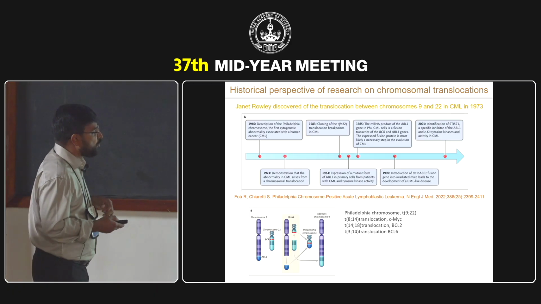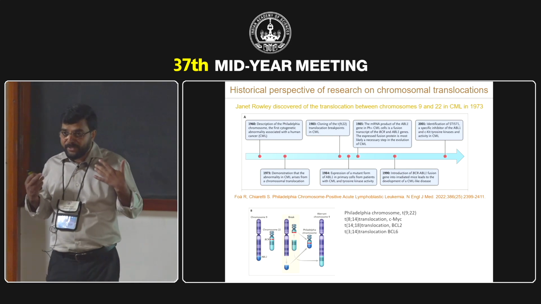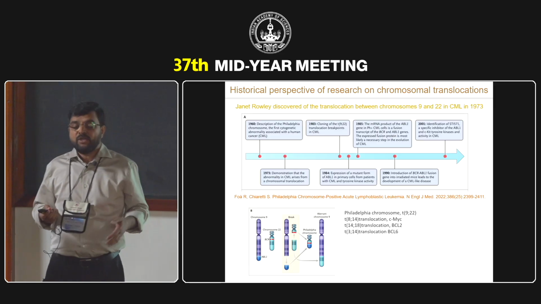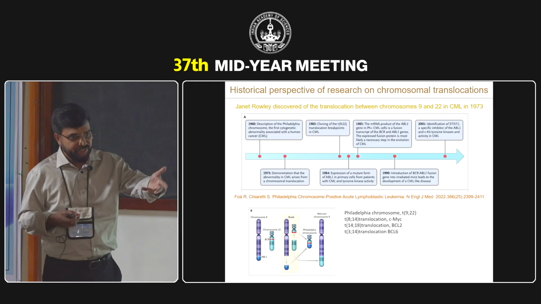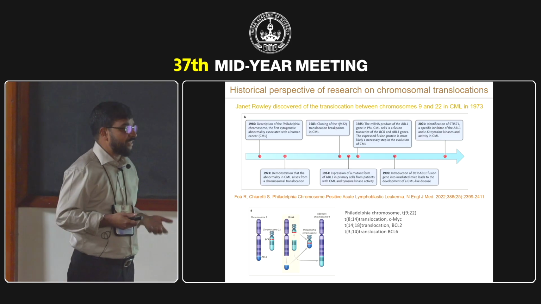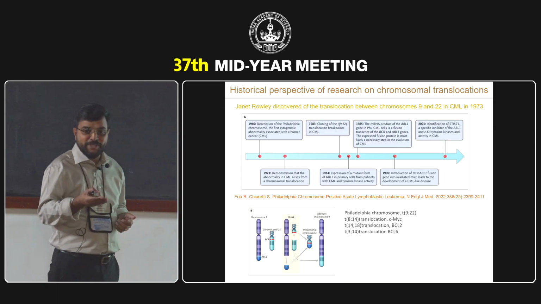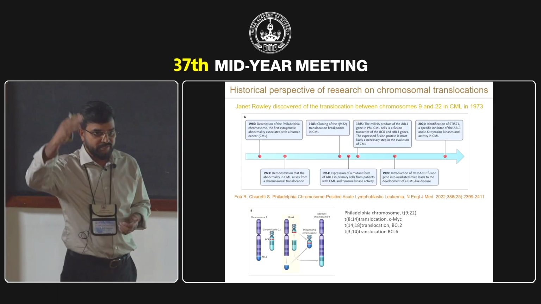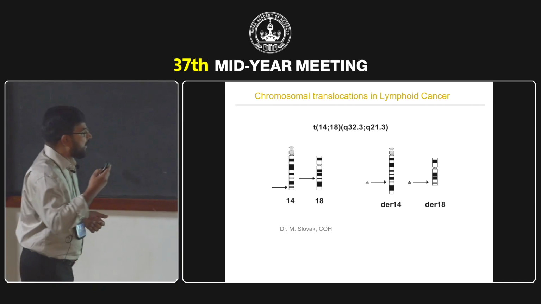Somewhere in the late 2000s, people like us started working on what is the meaning of all this information generated: why chromosomes break in certain people or certain genes, and how that gives some sort of selective advantage to those cells, which helps them transform and then become cancerous later with an array of additional mutations.